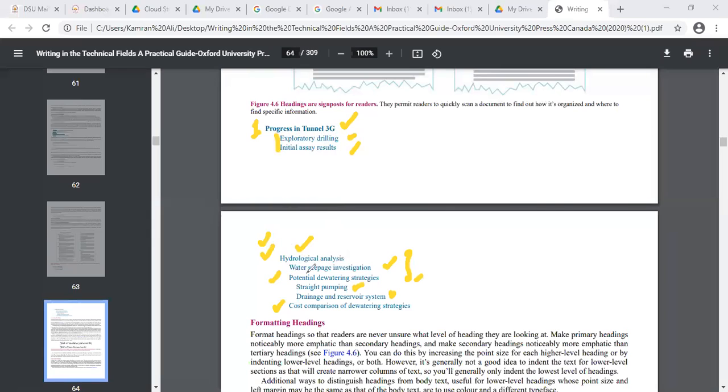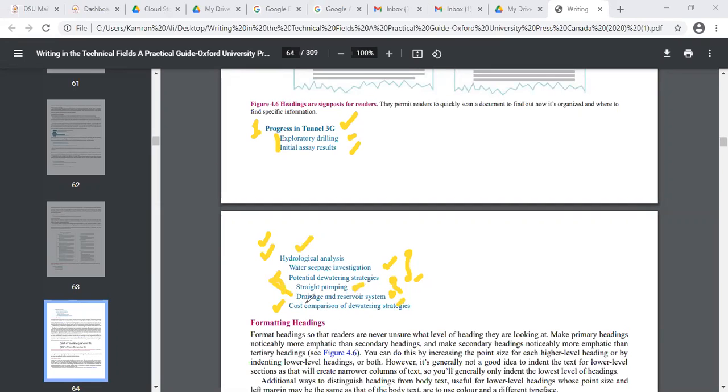Hydrological analysis, and then we can see that water seepage has been indented here. Potential dewatering strategies have been indented here. Then straight pumping has been indented further, right? So these are the third level headings, right?